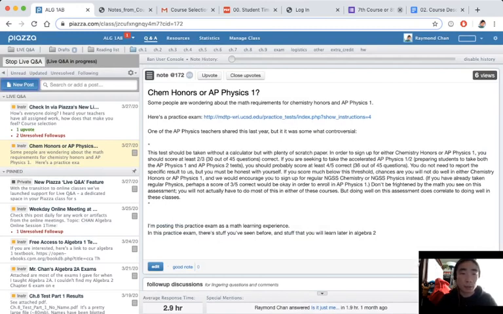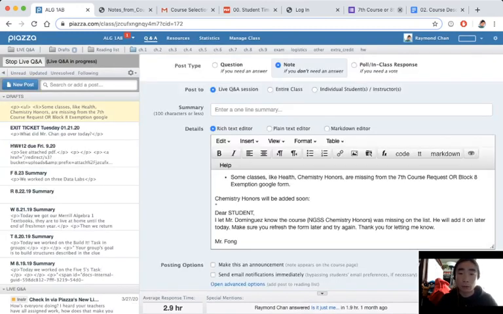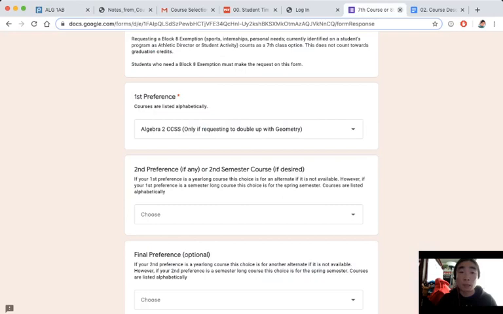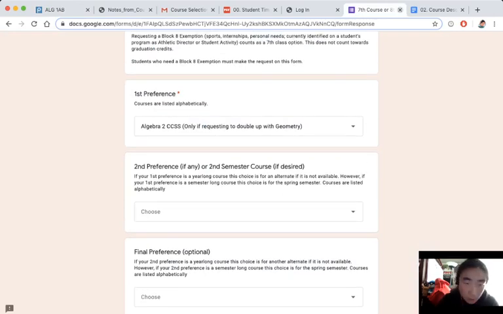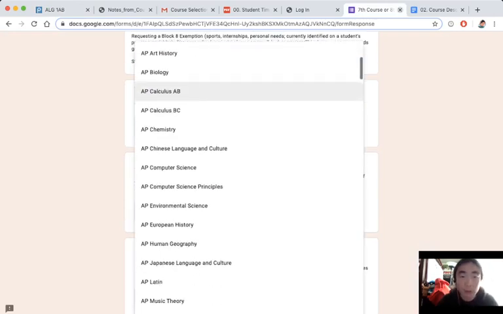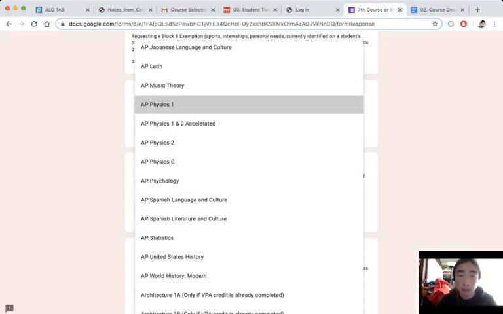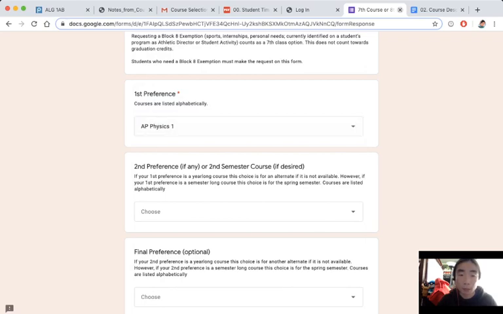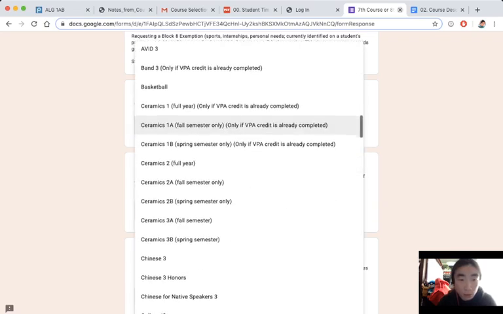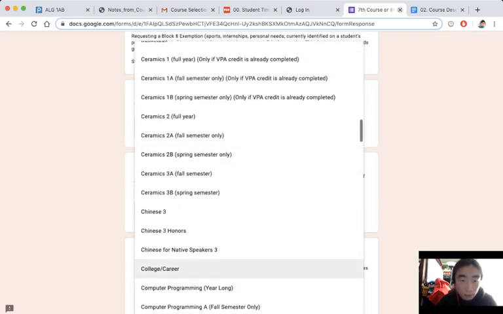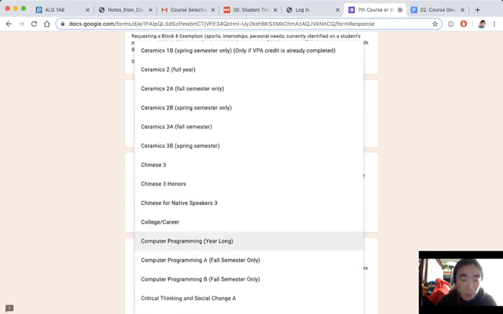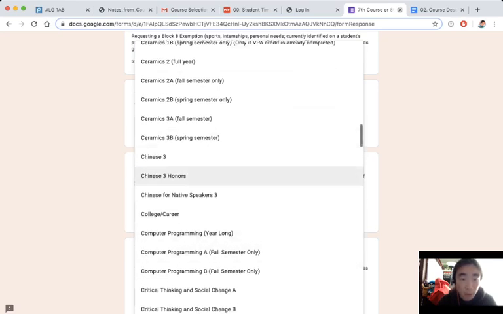We got some information. If you notice on the 7th course form, let's say you wanted to take 2 science classes. Let's say you signed up for chemistry honors and you want to take physics 1, right? So that's here. But if you signed up for AP Physics 1, there isn't chemistry honors listed here, and there doesn't seem to be regular chemistry either. So that's going to be a problem, because if you want to take chemistry and physics, it's not on the 7th course request sheet. They're working on it.